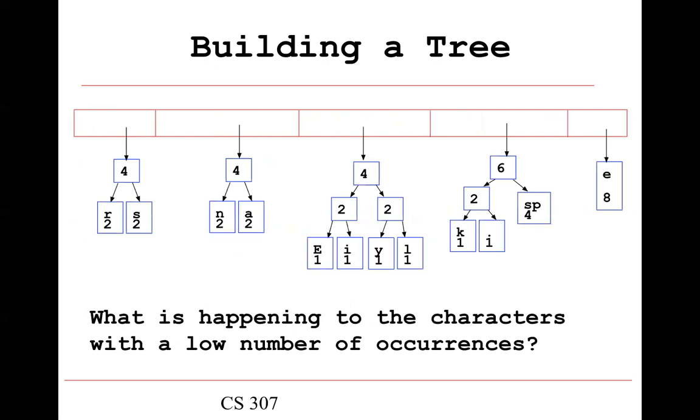Did you notice that the characters with a low number of occurrences are at the very bottom of this tree? The depths of these nodes are very high, like the uppercase E, I, Y. But for example, for the space character, its frequency is 4, but the depth is not that high.